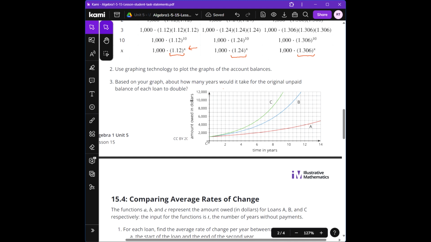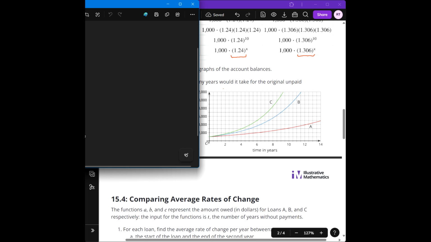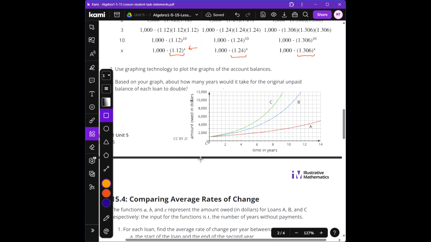Okay, so use Desmos or GeoGebra to plot those equations. And then when we do that, we're going to get something that looks like the graph down here. Based on your graph, about how many years would it take for the original unpaid balance of each loan to double? So what we can do is draw a line here, and we start at 1,000.